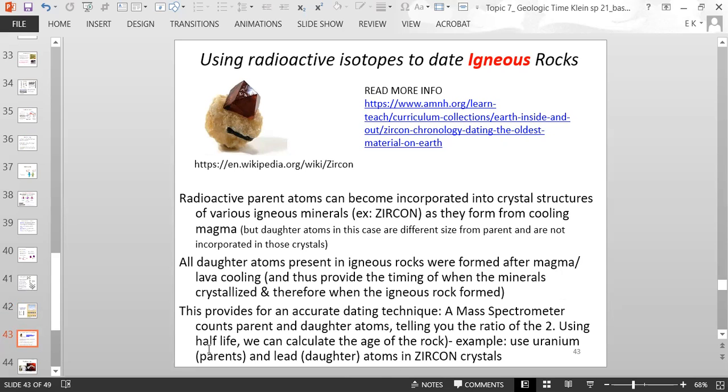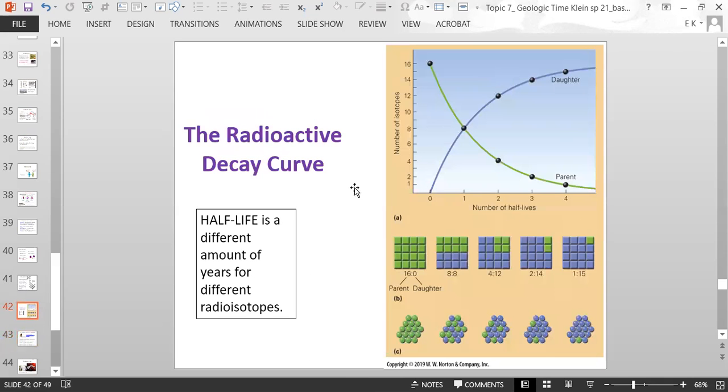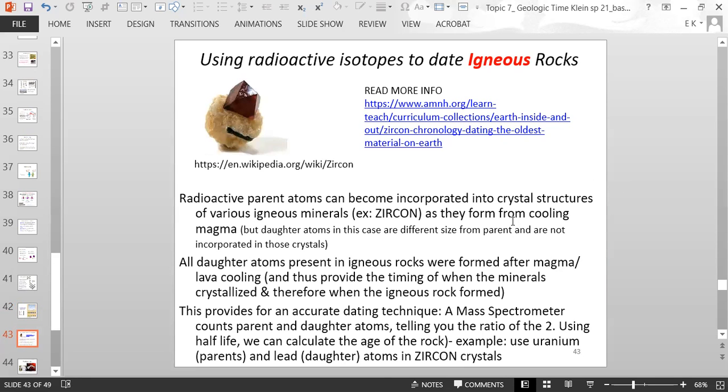So zircon contains uranium and lead atoms. So you would count the uranium and count the lead in the zircon crystals. And then using the ratio from the radioactive decay curve, you can determine how old the rock is.